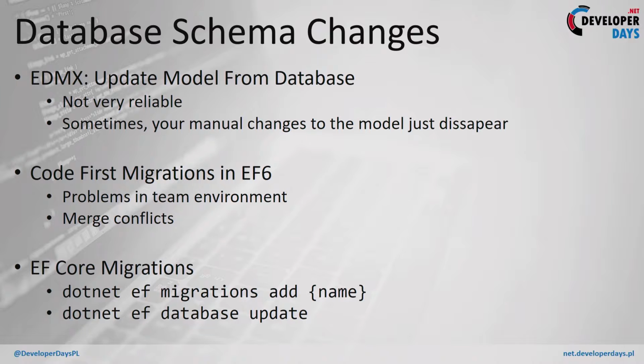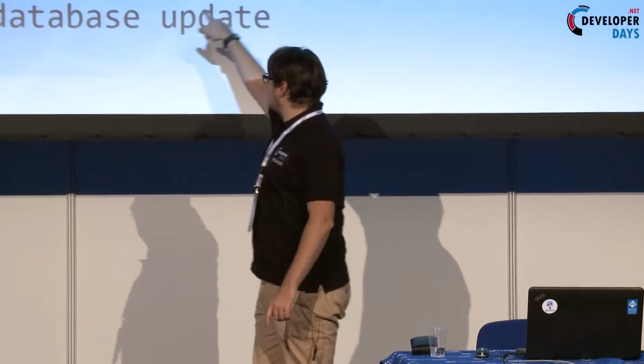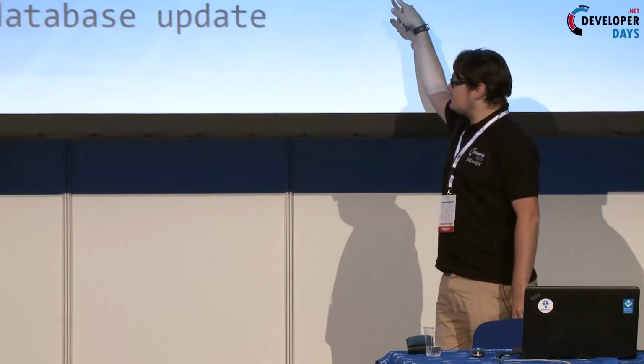Okay, so let's look at how the migrations work. I have used migrations in this demo. I have already run the first command, dotnet ef migrations add, and I typed as the name of the migration, InitialCreate. We just take the whole model and create a migration so I can create the database.